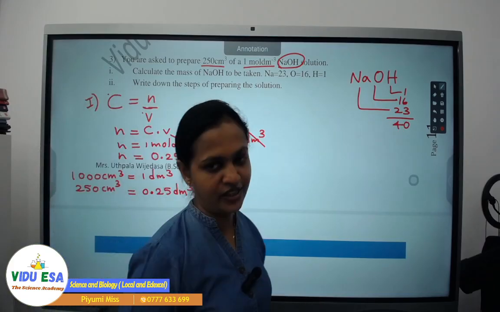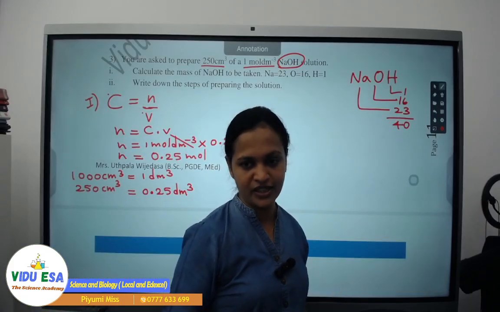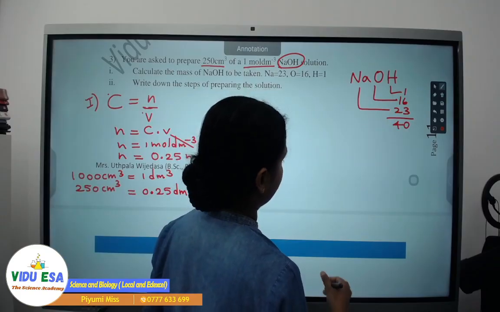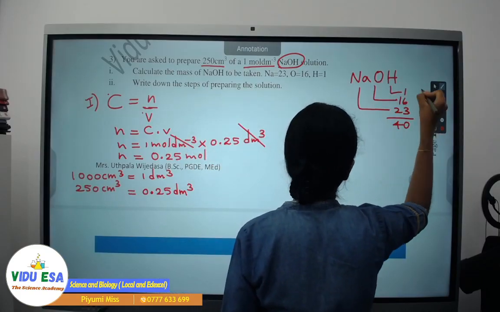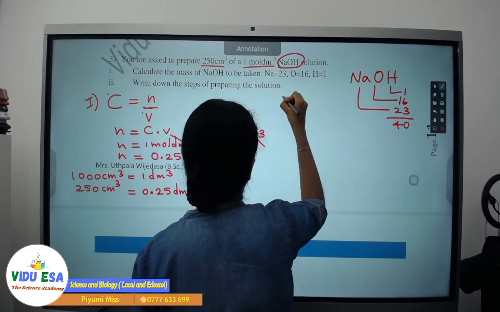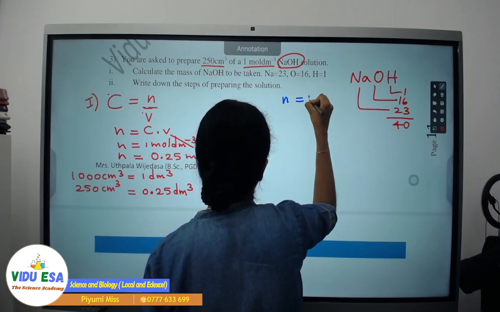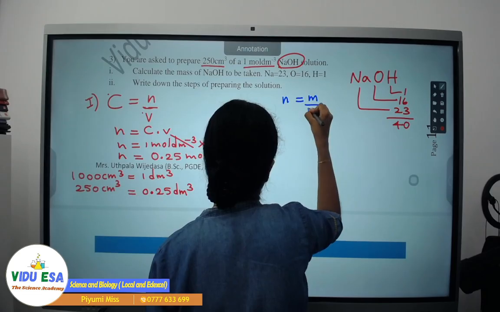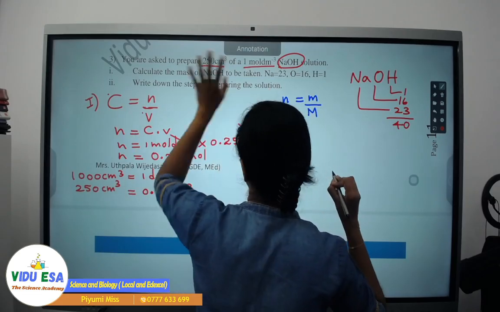But we can't work with the moles. We have to convert it into a mass that we can measure. Therefore, I substitute into the equation number of moles equals mass divided by molar mass. Those two equations are what you need.